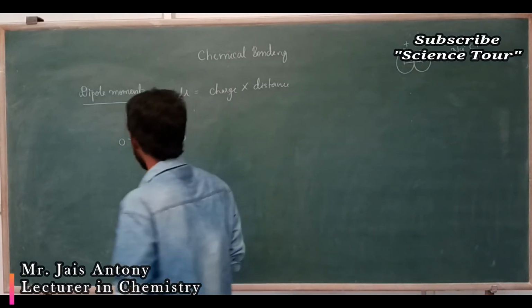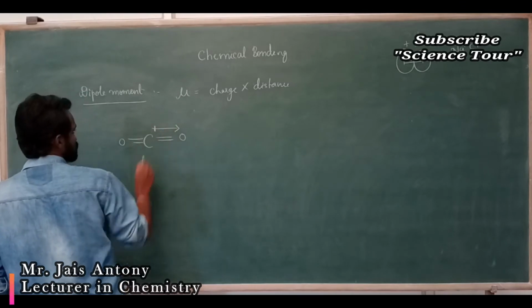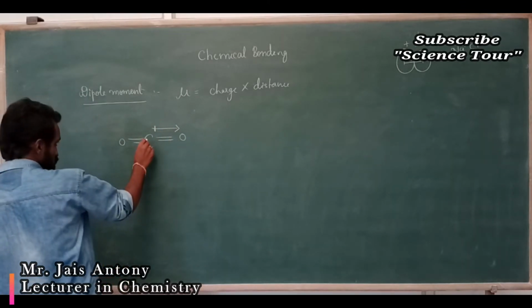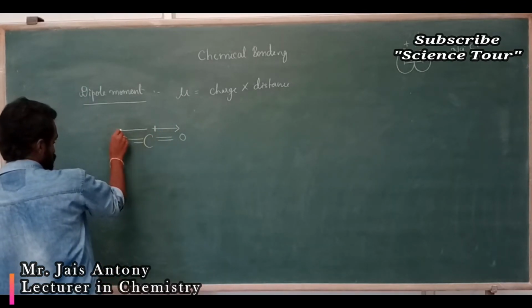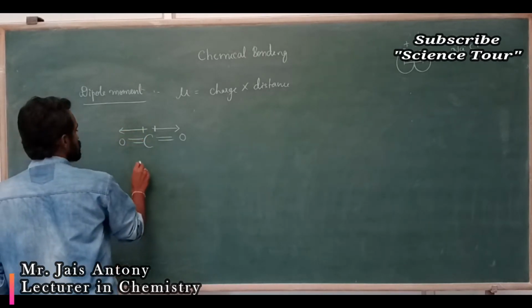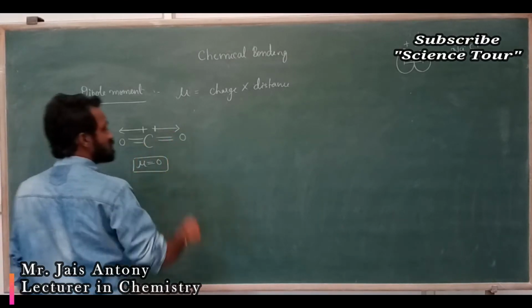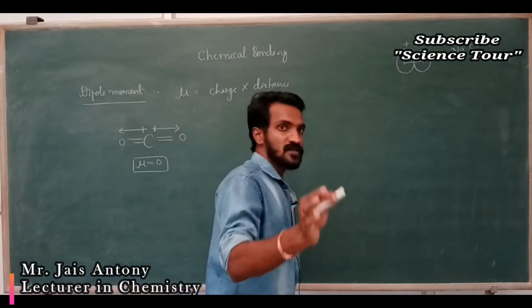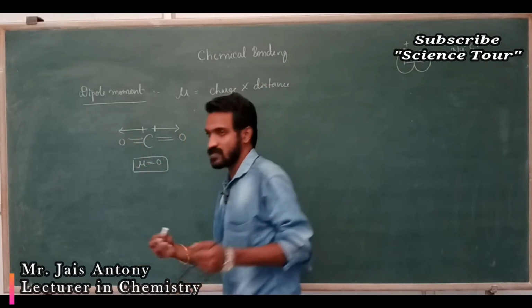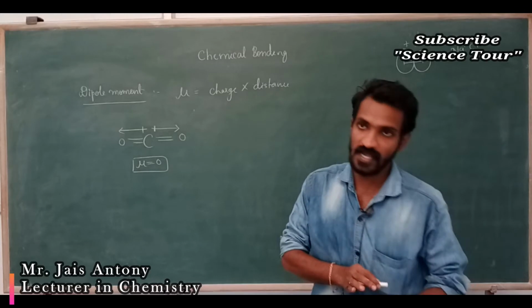It is represented by an arrow like this, from carbon towards oxygen. So here the dipole moment is 0. That means there is no net dipole moment. The dipole moments here and here get cancelled.